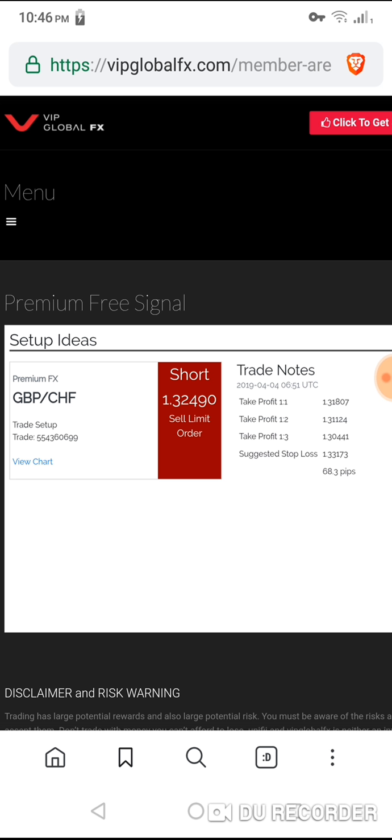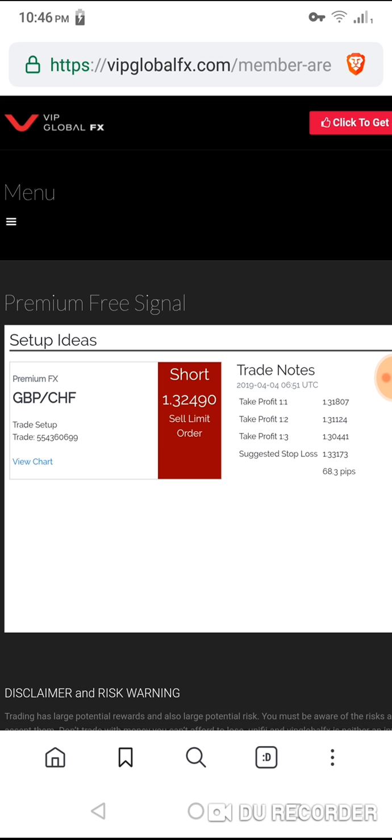The signal we're looking for is right there, GBP CHF, and the trade number matches the same trade number that was in the Telegram group. So now we know we have the same trade. Now we're going to take this information right here and go to our MetaTrader 4 account to enter in the trade.